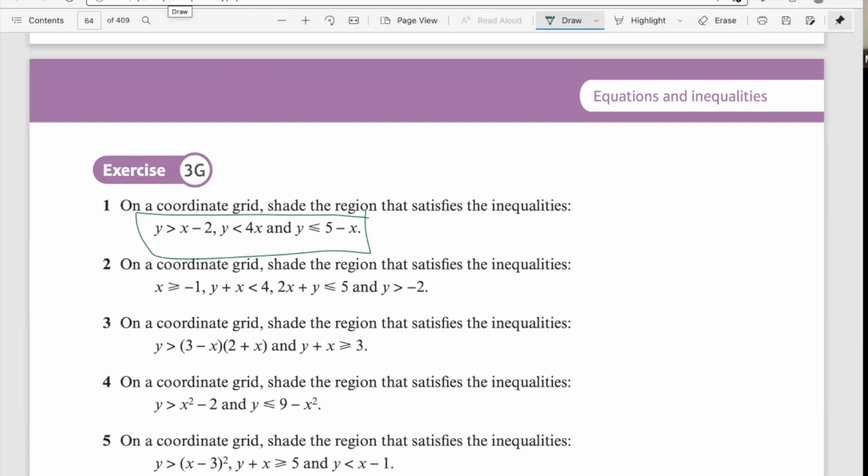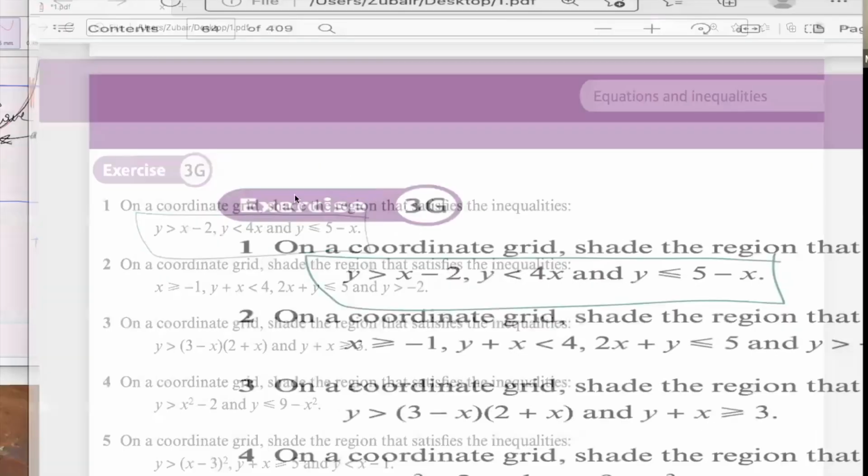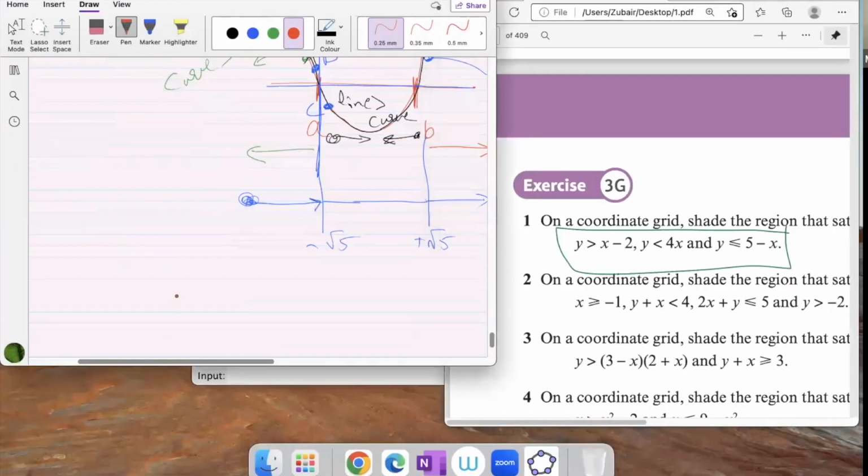You don't need GeoGebra for this. These are all three linear. If it comes in exam, that will be without software.